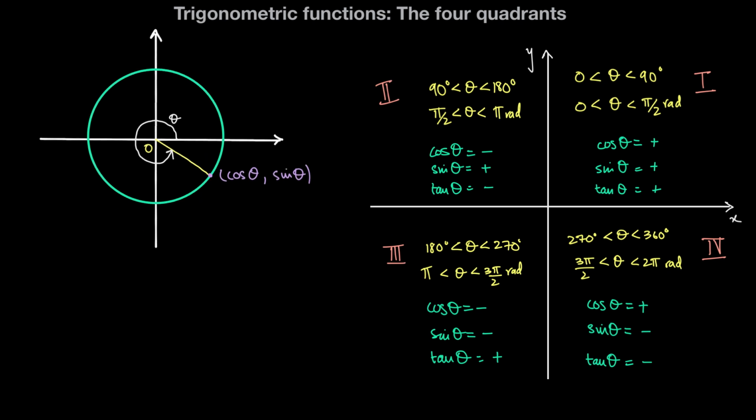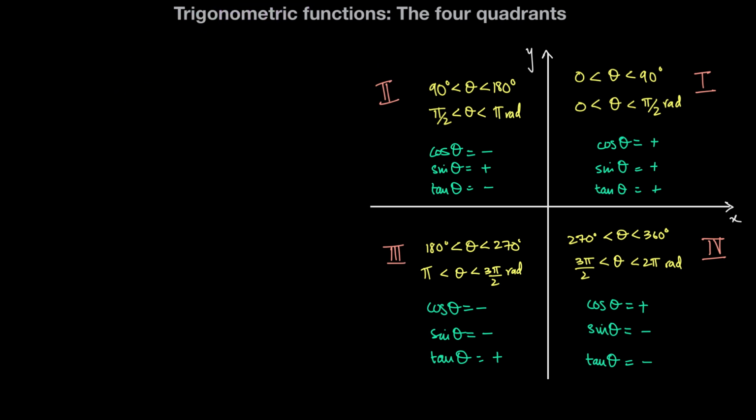A simple way to remember this is by using the following mnemonic. We can use the mnemonic: All Science Teachers Are Crazy. If we use this mnemonic, we can see that in the first quadrant, all the trigonometric functions take on a positive value.